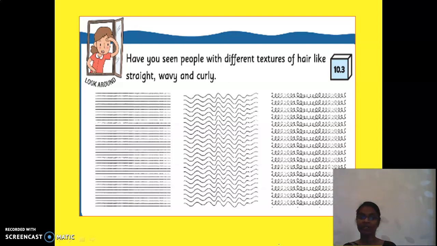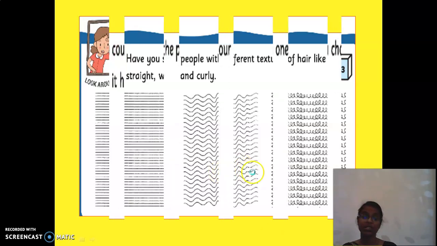Just list out their relations: your mother, father, siblings if you have, and the grandparents too. Write the texture of their hair for each person. Are you all clear about what I am saying? So this is the look around activity.